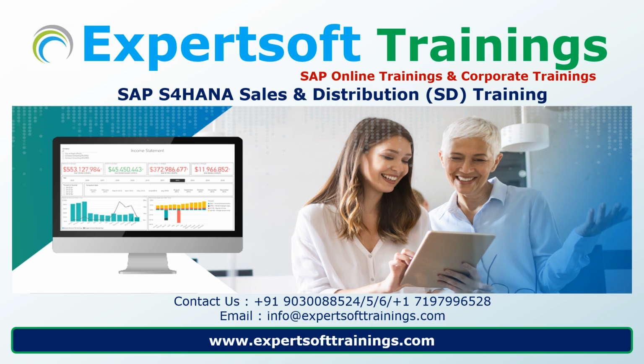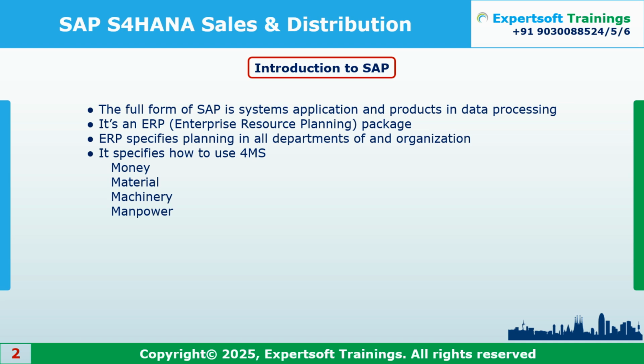So, what is SAP? SAP is Systems, Applications and Products in Data Processing. It's an ERP package. ERP means Enterprise Resource Planning. Basically, any ERP package, whether it is SAP or Oracle or anything, talks about how the 4Ms can be used. 4Ms means money, machinery, manpower, and material.